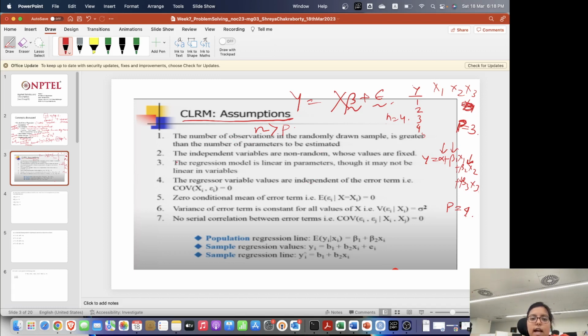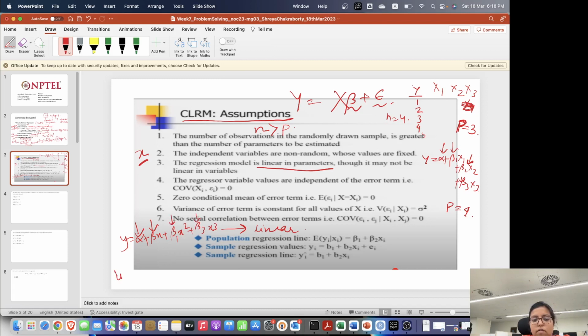The second thing is that the x values are non-random, they don't follow any distribution, and the values are fixed. A linear model is always linear in parameters. So if we have something like y equal to alpha plus beta 1 x plus beta 2 x square plus beta 3 x cube, this will work. This is also a linear model because these unknown parameters do not have any power associated with them.